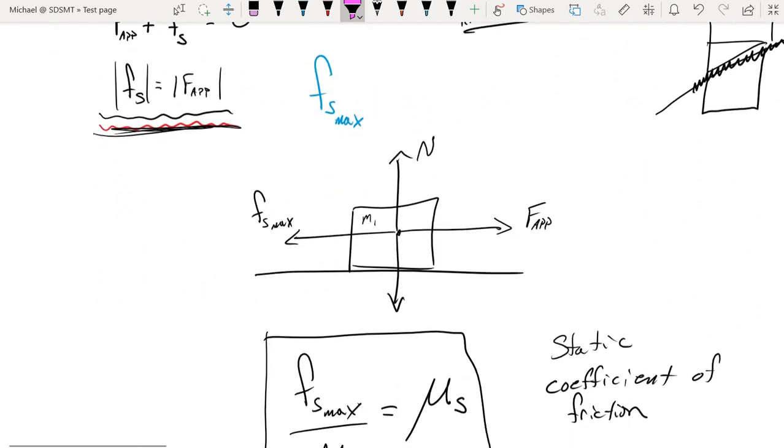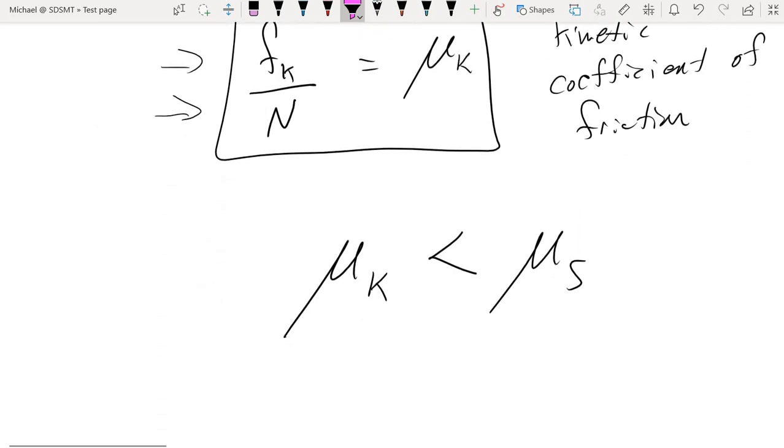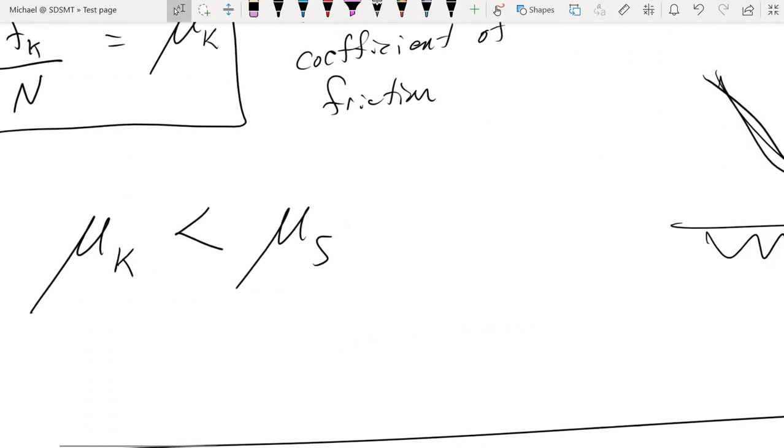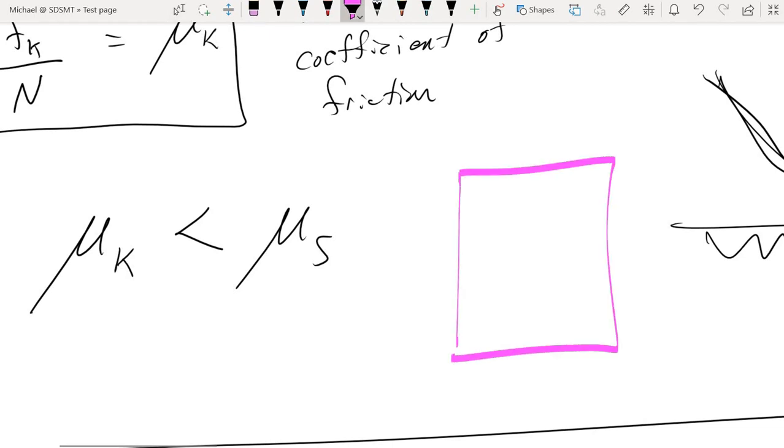Now, I bring this up because in a previous edition of the book, there was a table of coefficients, and they listed static and kinetic coefficients for a number of different surface-to-surface interactions, and there was one pairing where they had 0.003, 0.003.